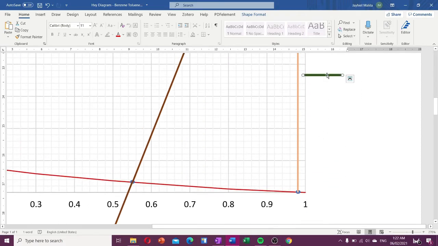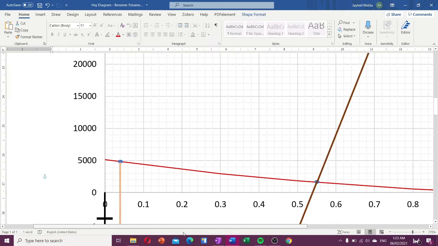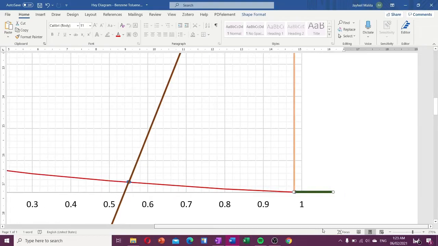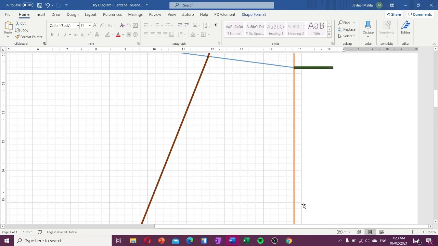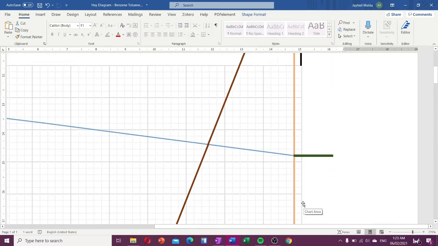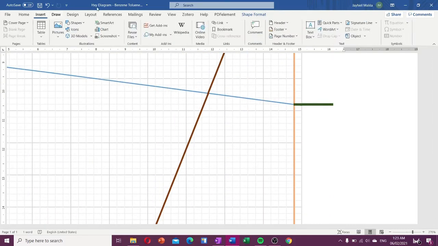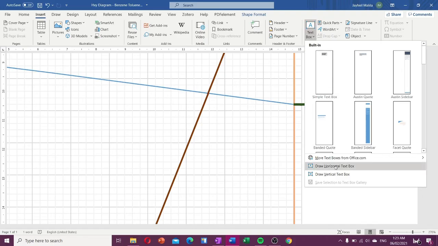It's not equal to 0 because the concentration that will make the enthalpy 0 is 1, or pure benzene, but it's not pure benzene, right? It's 0.98. So I will put a label here. Just a label.